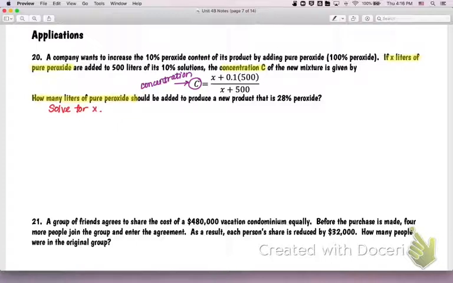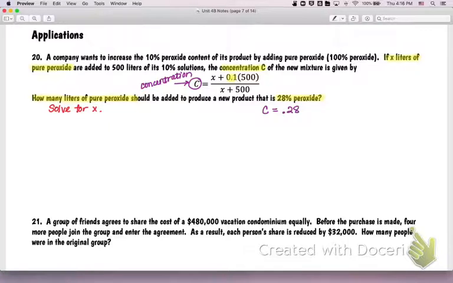Also notice here this 0.1, that's coming from the 10% peroxide, and that tells us we need to write our percents as decimals, which we usually do. It's very rare that we do not. So the fact that they told us we want to end up with 28% peroxide, that's the concentration, so that's going to be C, and we need it to equal 0.28.